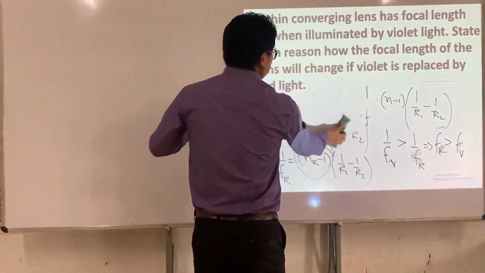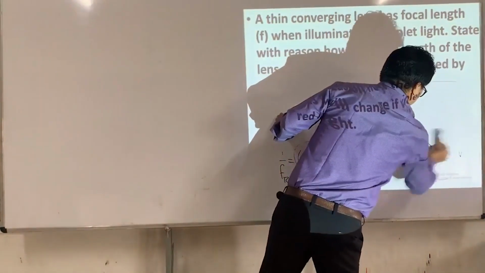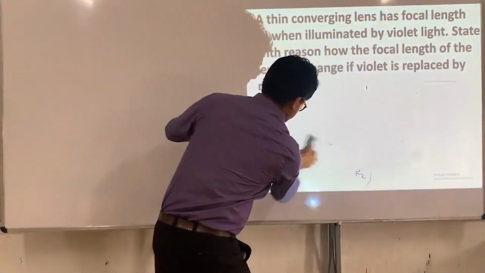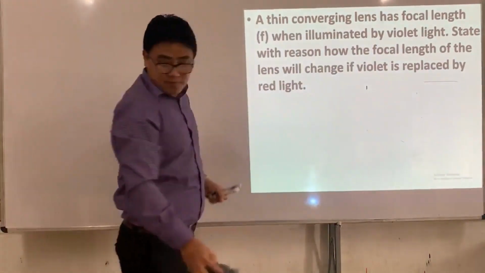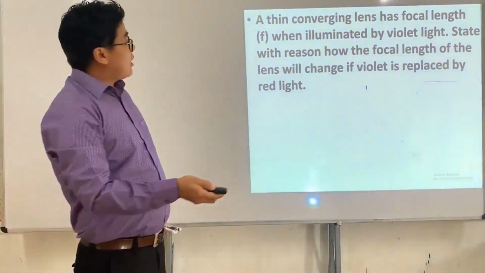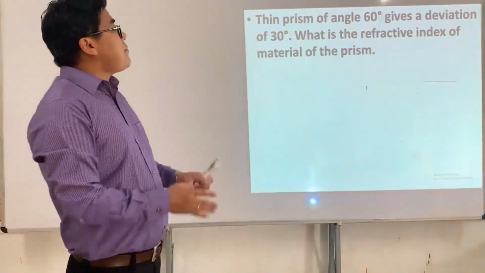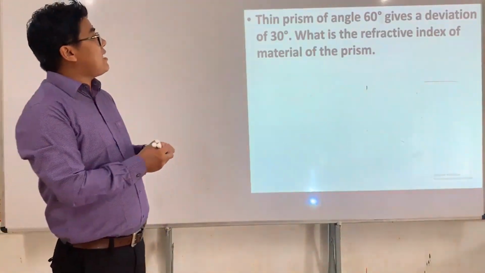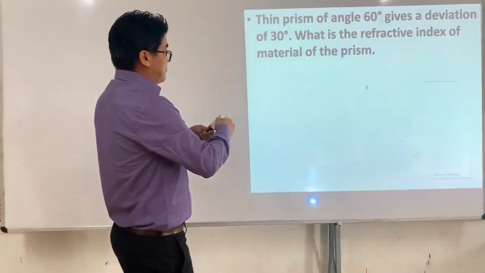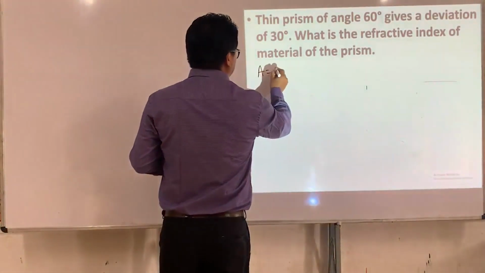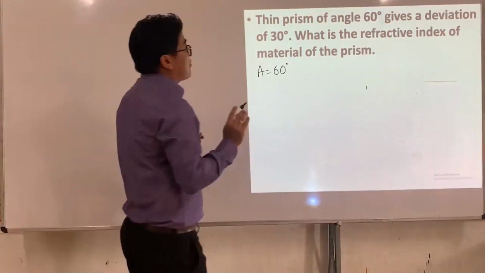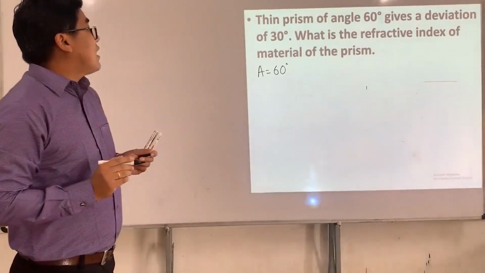Now going with the third problem. The third problem says that a thin prism of angle 60 degree, that is angle of prism. So angle of prism is 60 degree, I'm writing the given part.